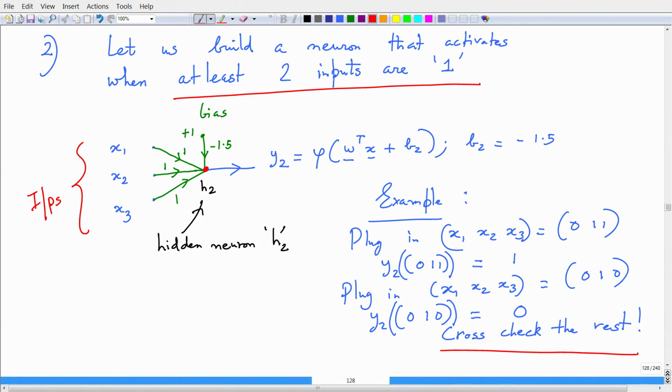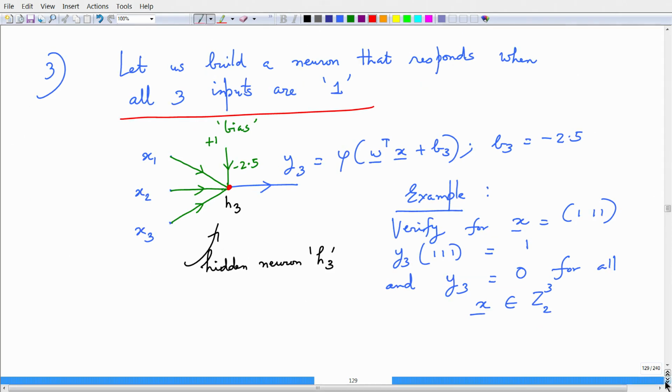Now, with this intuition, if I were to consider building a neuron that responds when all the 3 inputs are 1, you can easily guess that your bias should be incremented by 1 from your previous case, right. So, our bias is going to be minus 2.5. Same idea, the functional signal y3 is the activation function over the local receptive field, which is W transpose x plus bias, and this bias is chosen to be minus 2.5, and let us verify this.